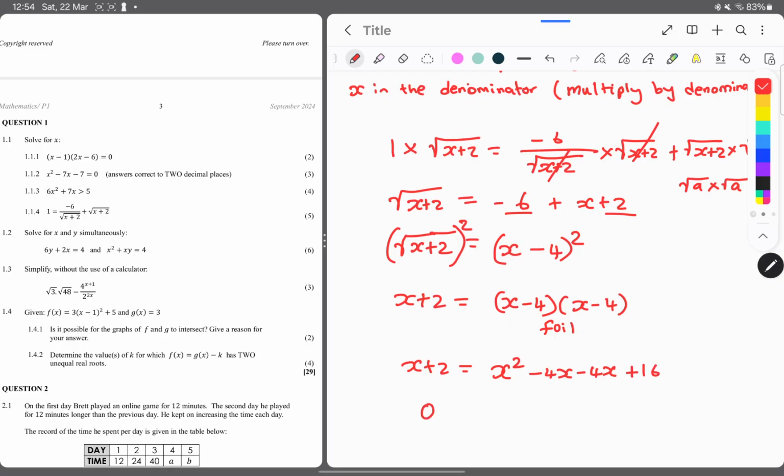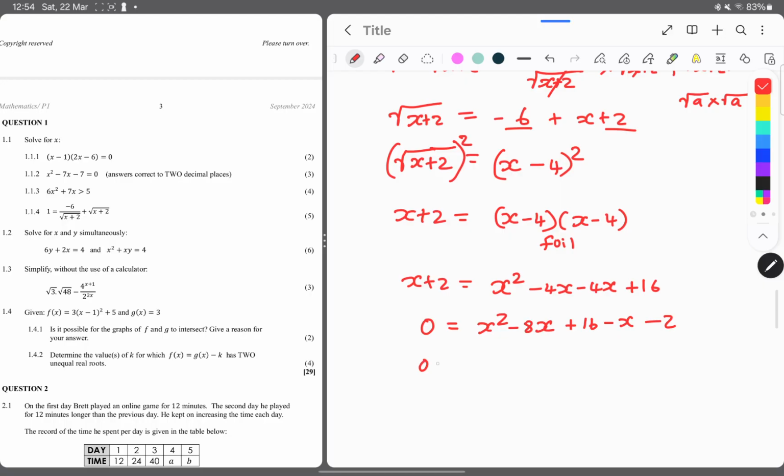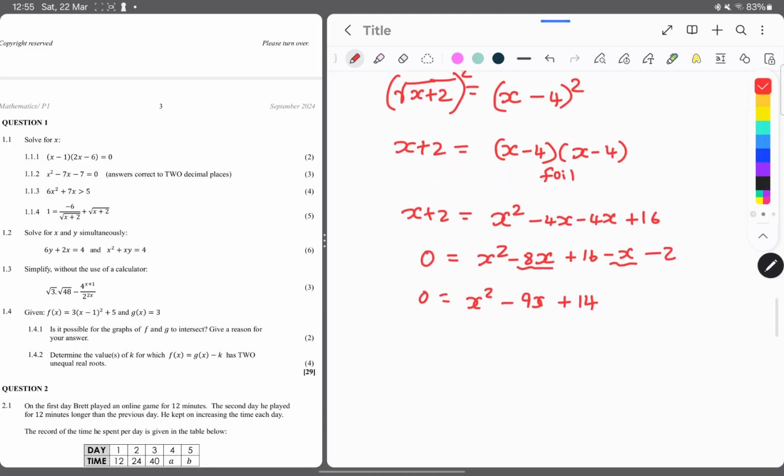Move everything to one side, you have 0 equals x squared minus 8x plus 16 minus x minus 2. 0 is equal to x squared minus 9x plus 14. Again, we're grouping like terms, minus 8x and minus x, 16 and minus 2.